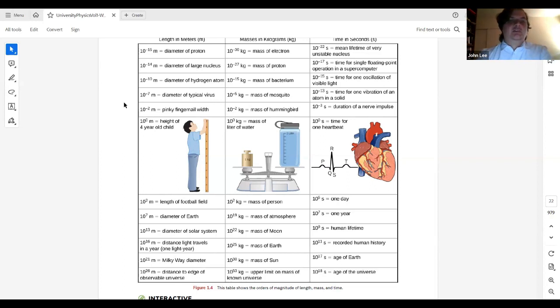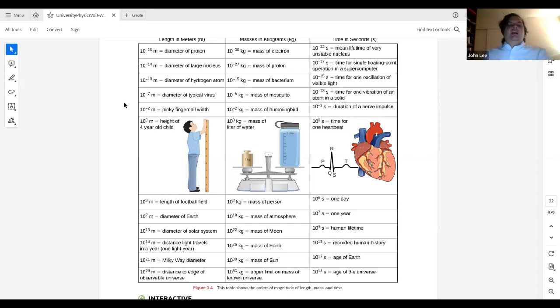So 10 to the 0 meters is the height of a 4-year-old child, so that's 1 meter. 10 squared is the length of a football field, 10 to the 7th is the diameter of Earth, 10 to the 13th is the diameter of the solar system, 10 to the 16th is a light year, 10 to the 21st is the diameter of a galaxy.